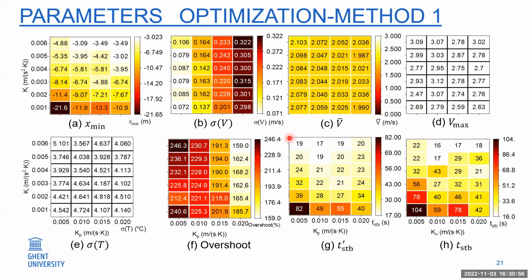The other, for example the stabilization time, is also a very important performance metric. It means how long it will let the smoke be controlled at the desired location we want to control. We can see the best range of KP is from 0.005, and KI varies from 0.005 to 0.006.